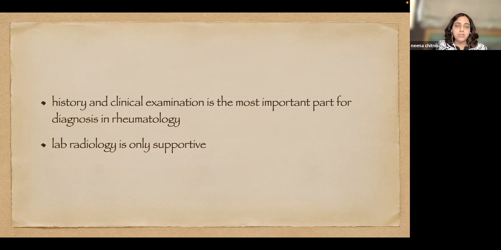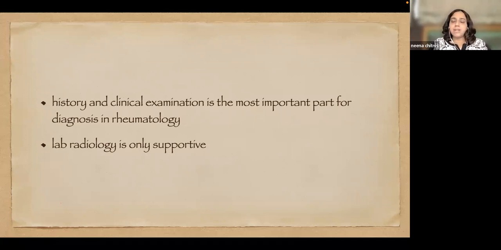So, as I began with, at the end, I am again telling you, by all this, you must have come to know that in rheumatology, along with history, a clinical examination is of utmost importance. Many a times after a good clinical examination, we actually send the patient without a single investigation to be done.